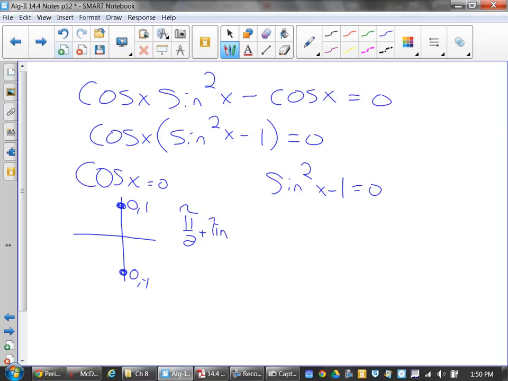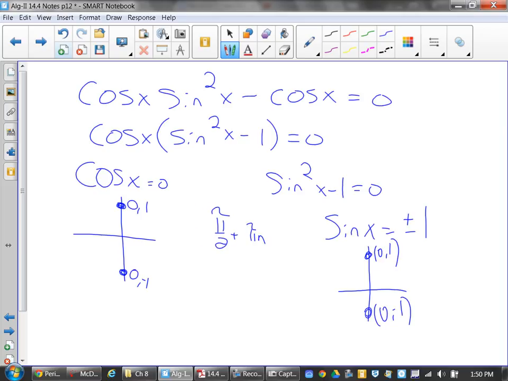Now when I do sine squared x minus 1 equals 0, I add 1 and take the square root. So what values have a sine equal to plus or minus 1? It's quadrantal again. Isn't it the exact same thing? Yes.